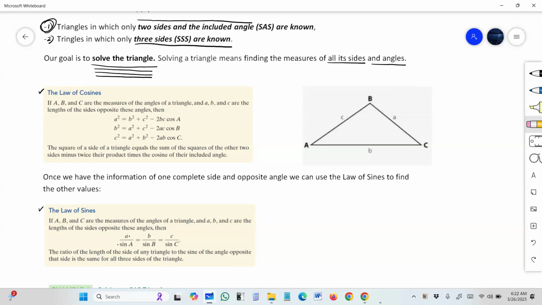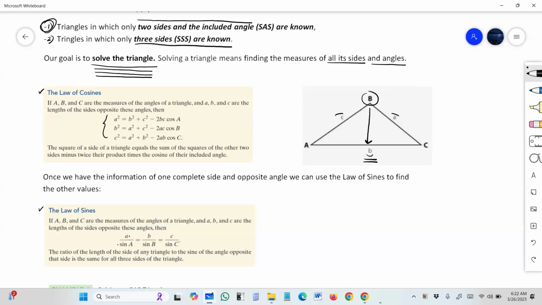Okay, so the approach is usually, you don't have to do it that way, but this is one usual approach, that if we are given, for example, three sides, we'll use the law of cosines to find one of the angles. Usually, what I recommend is find the angle opposite to the largest side.